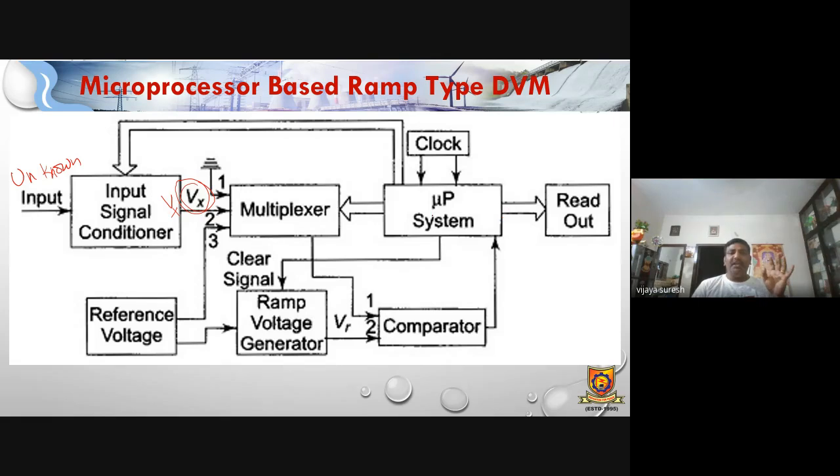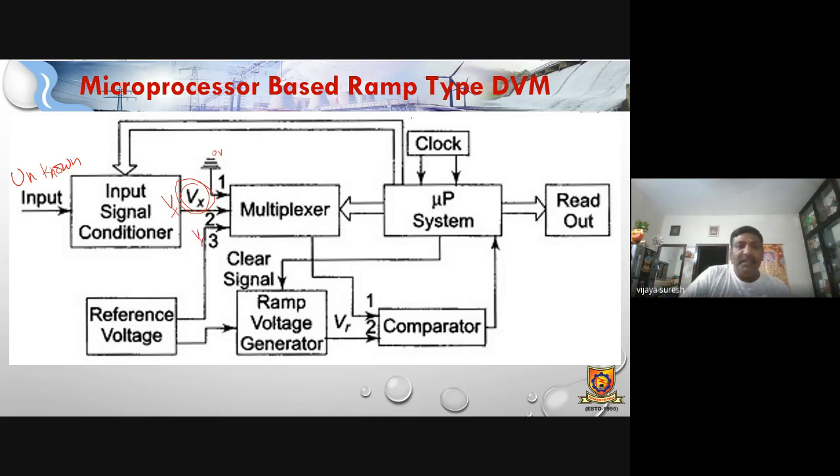Here we are using one multiplexer. Multiplexer means many inputs, single output. Here we are getting three inputs: one is from the ground, nothing but 0 volt; second is the input voltage Vx, the unknown input voltage; and third is the reference voltage Vr.